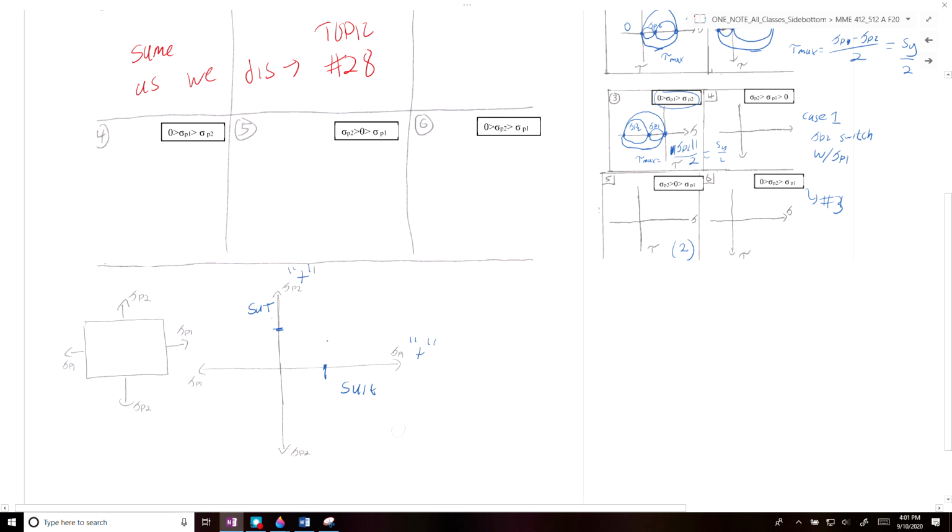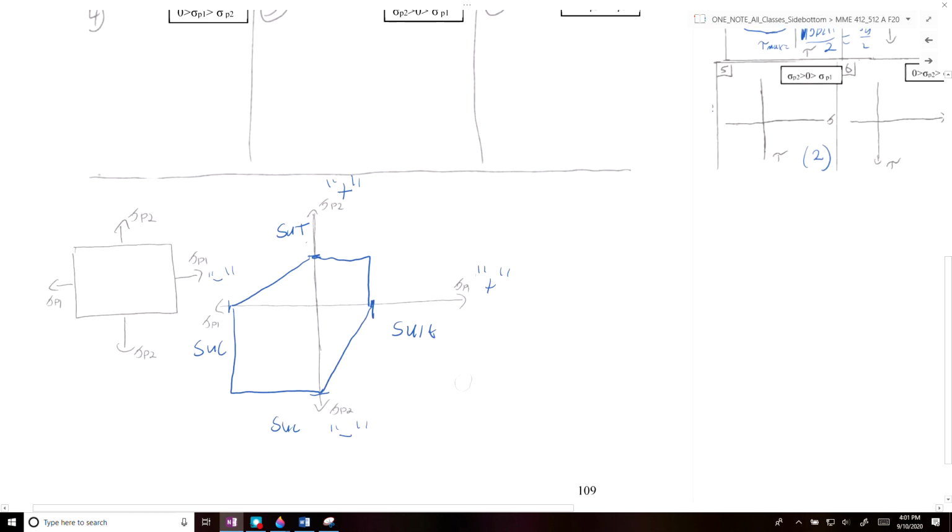And then for compressive or negative stresses, we'll plot our sigma ultimate compression. So what we'll end up getting is a window, or bounds, of our different stress states for a case of plane stress that are going to look like this.